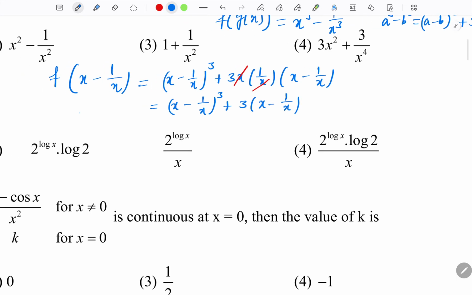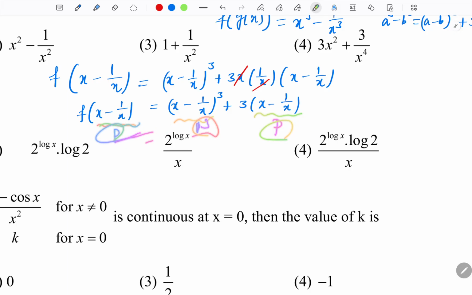What is your observation here? Observe that whatever the variable is here, x minus 1 by x, all the terms are the same. Suppose I take p here, p cube, and p.